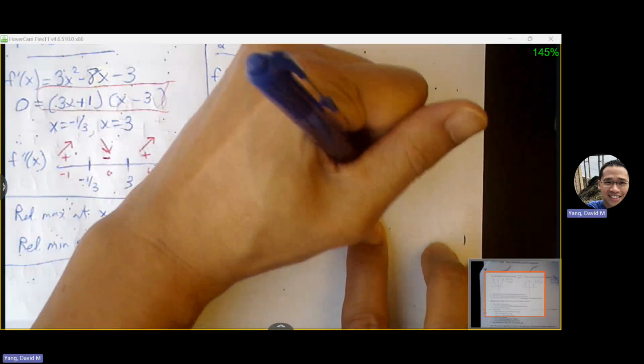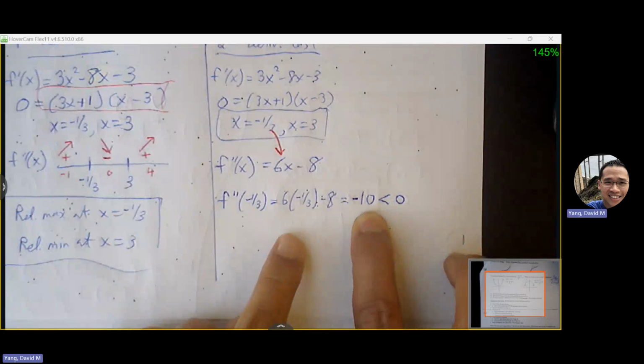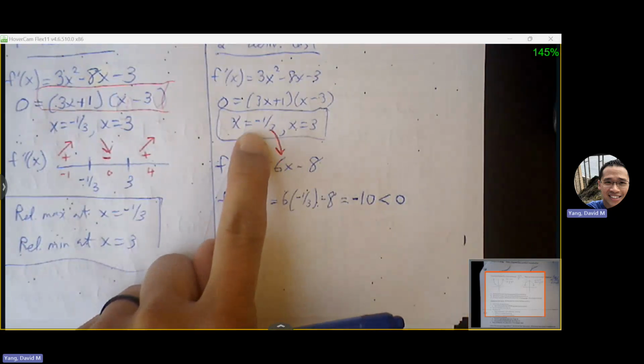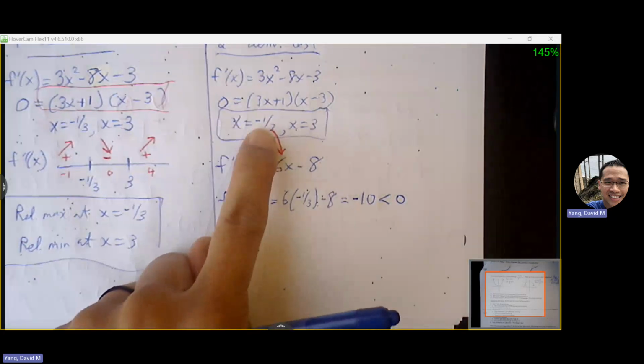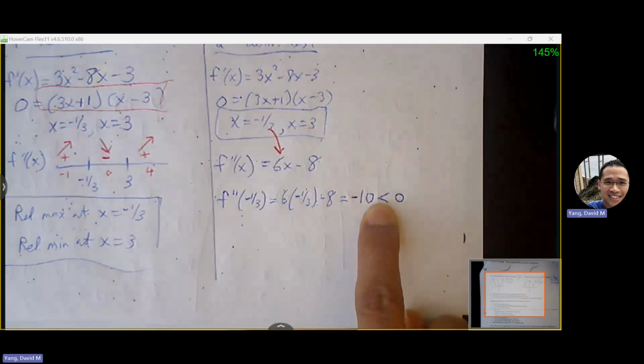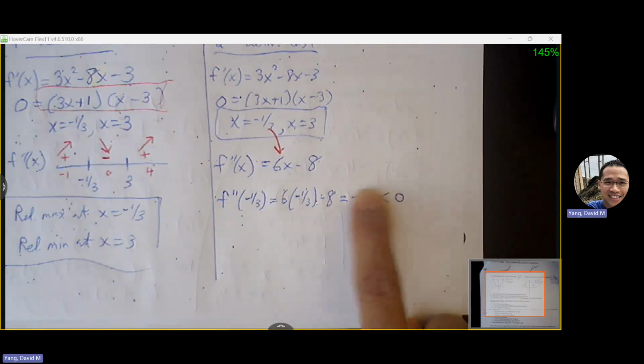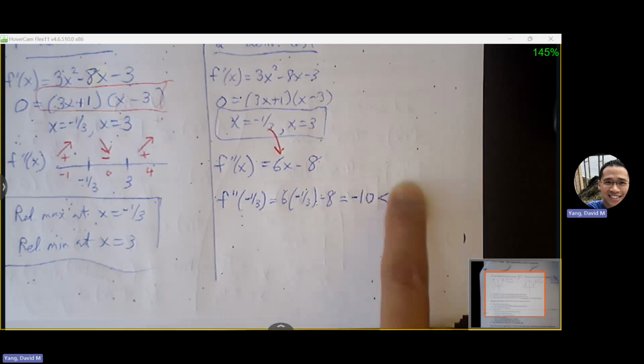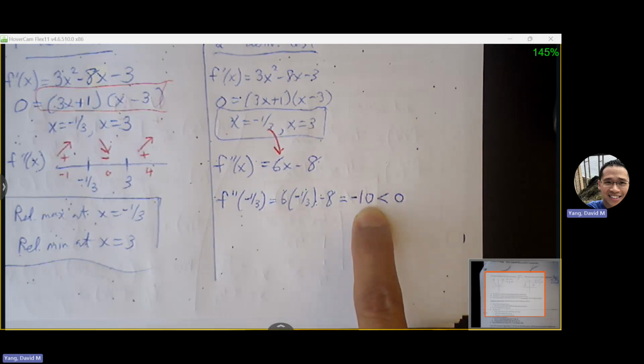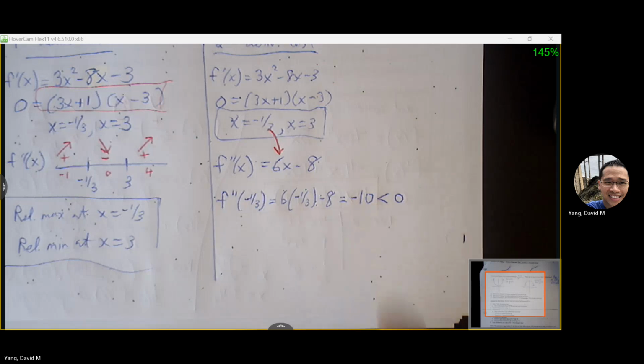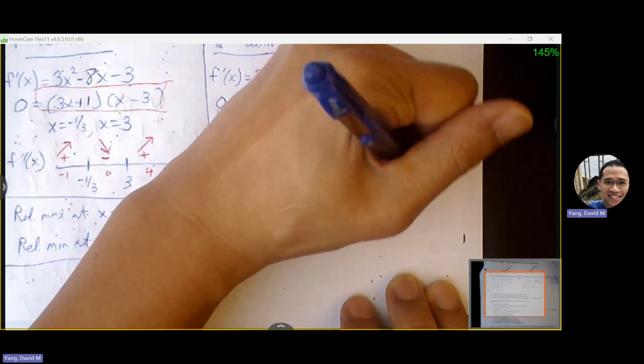That's all we care about. And if I know that negative 1/3 has slope 0, because I found that from f prime, if it's slope 0 and a negative second derivative value, what does that mean? That must mean that at this point, the graph is concave down. Okay, so concave down.